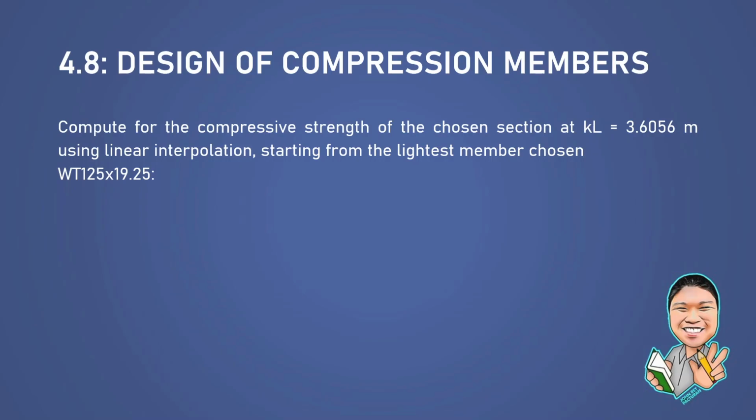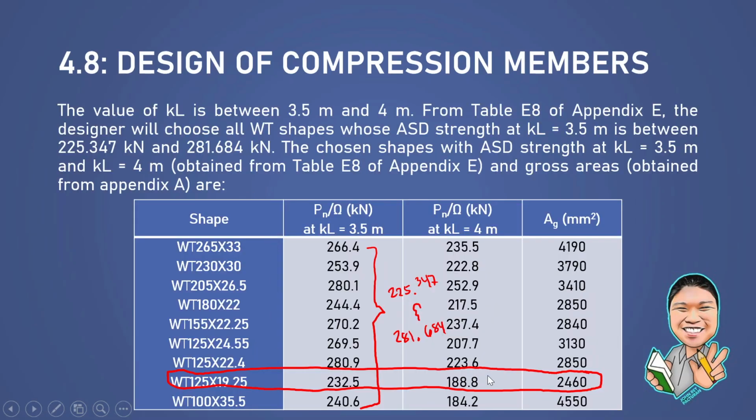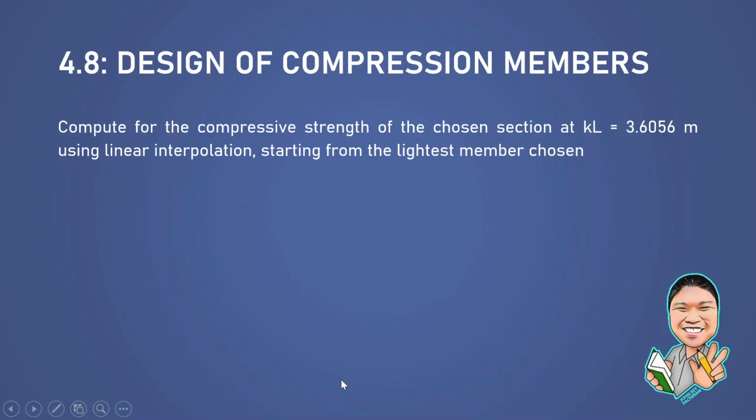So, yung una is WT 125 by 19.25. So, this is the interpolation. 3.6056 minus 3.5 all over 4 minus 3.5 is equal to Vn over omega minus 232.5 all over 188.8 minus 232.5. Kung babalikan natin, ito yung 188.8 saka 232.5.